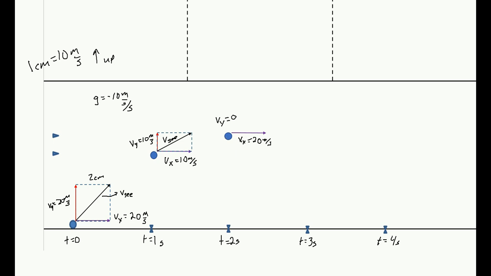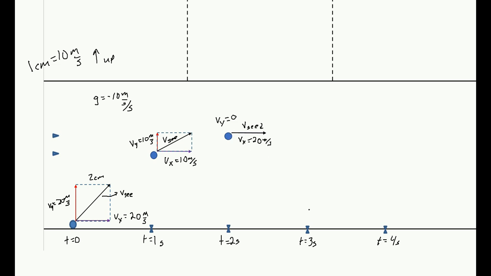So the combination of the horizontal velocity of 20 meters per second and no vertical velocity is just the horizontal velocity. So the velocity that you see is also the same as the horizontal velocity. So unlike when we just threw something up in the air, it does still move, but in the horizontal direction.